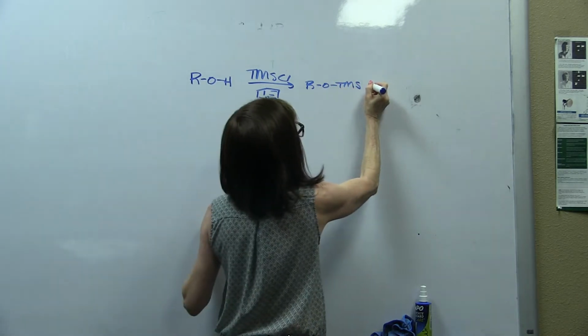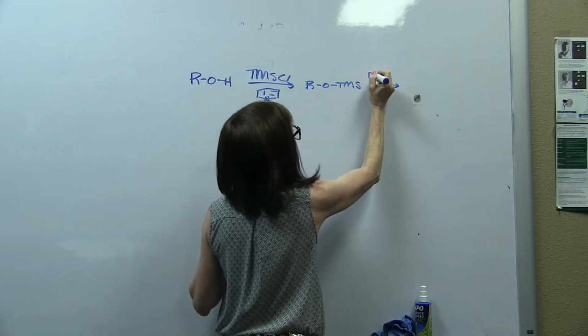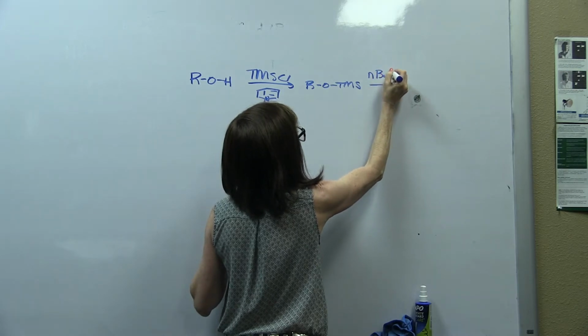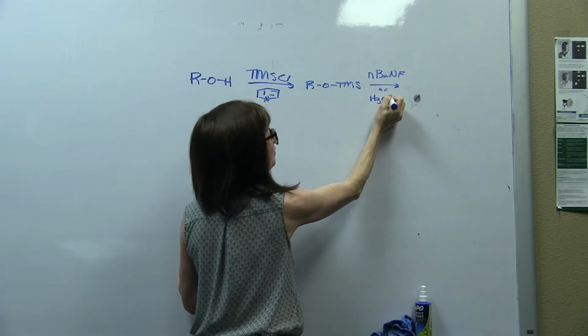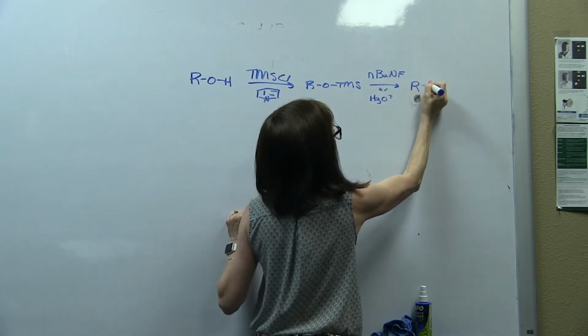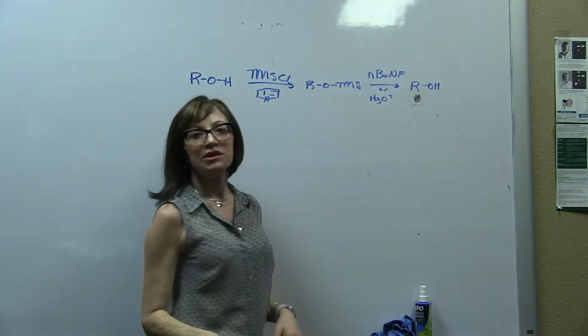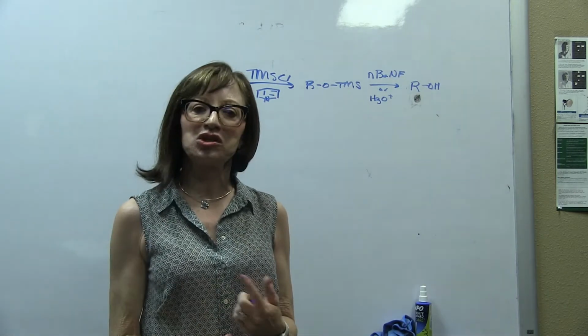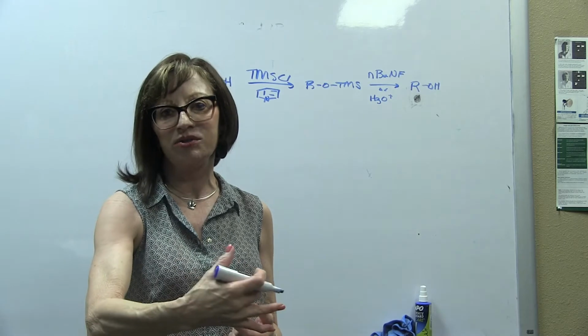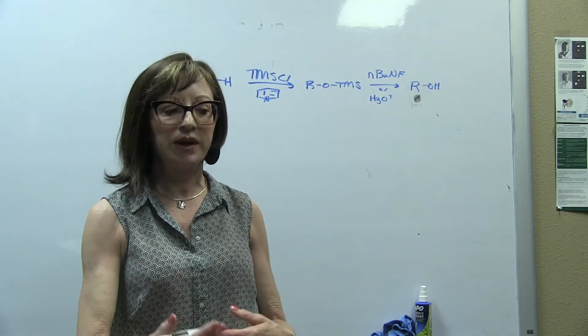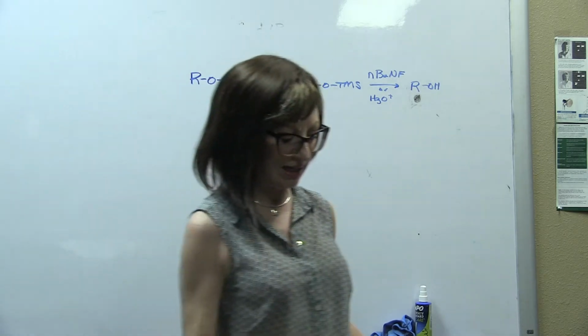And we know we can cleave those with tetrabutylammonium fluoride or H3O plus to get back our alcohol. So if we wanted to functionalize something that an alcohol also reacts with, we can protect it and then deprotect it, and we'd be good to go.